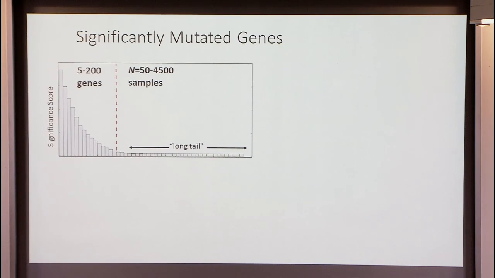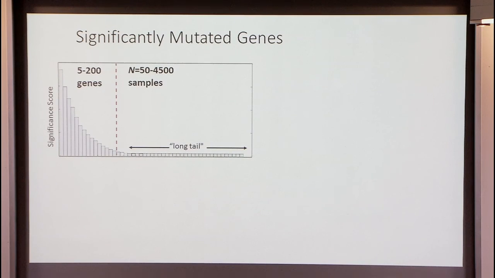So when you apply one of these models to predict significantly mutated genes, you often get a picture that looks something like this. Here, genes are ranked according to their significance. And what you'll see is that for a modest-sized experiment, you only get a handful of genes that you can confidently say are mutated more than expected by chance.